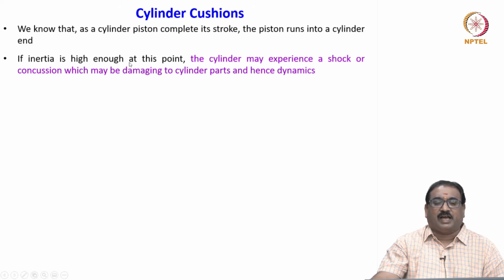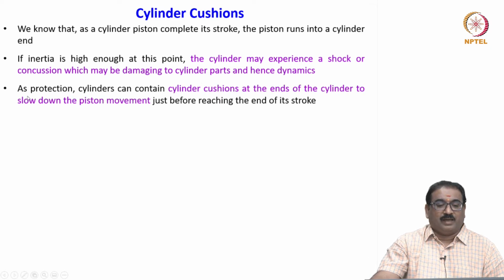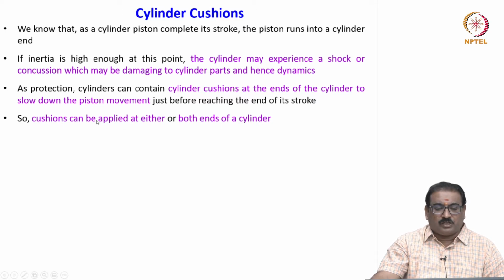If the inertia is high enough at this point, the cylinder may experience a shock or a concussion, which may be damaging to the cylinder parts and hence affects the dynamics also. As a protection, cylinders can contain cushions at the ends of the cylinder to slow down the piston movement just before reaching the end of its stroke. So, cushions can be applied at either or both ends of the cylinder.